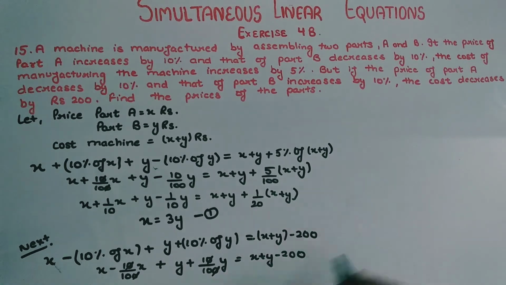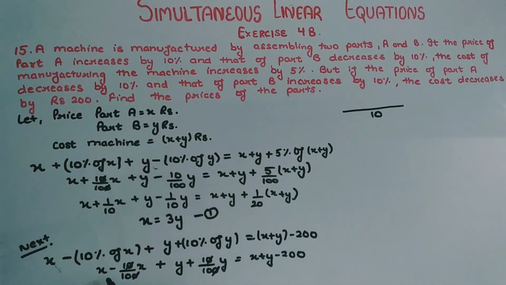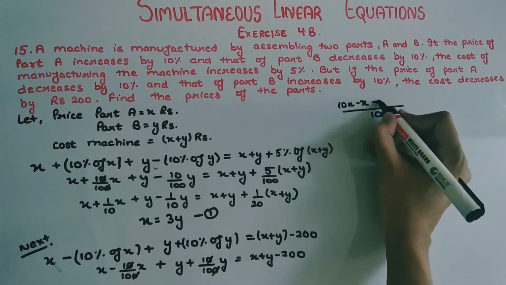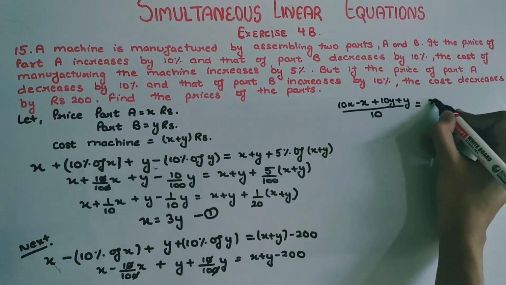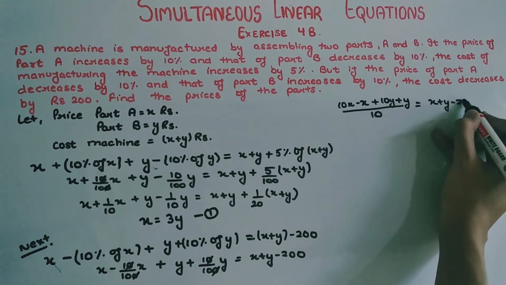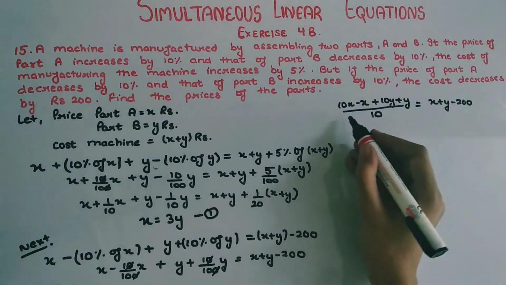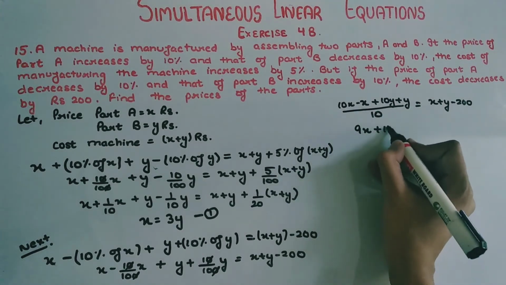Here we will take 10 as the LCM. So we will have 10 multiplied by X, that is 10X, minus X plus 10Y plus Y, and that is equal to X plus Y minus 200. So here now we have 10X minus X, that is 9X, 10Y plus Y, that is 11Y.